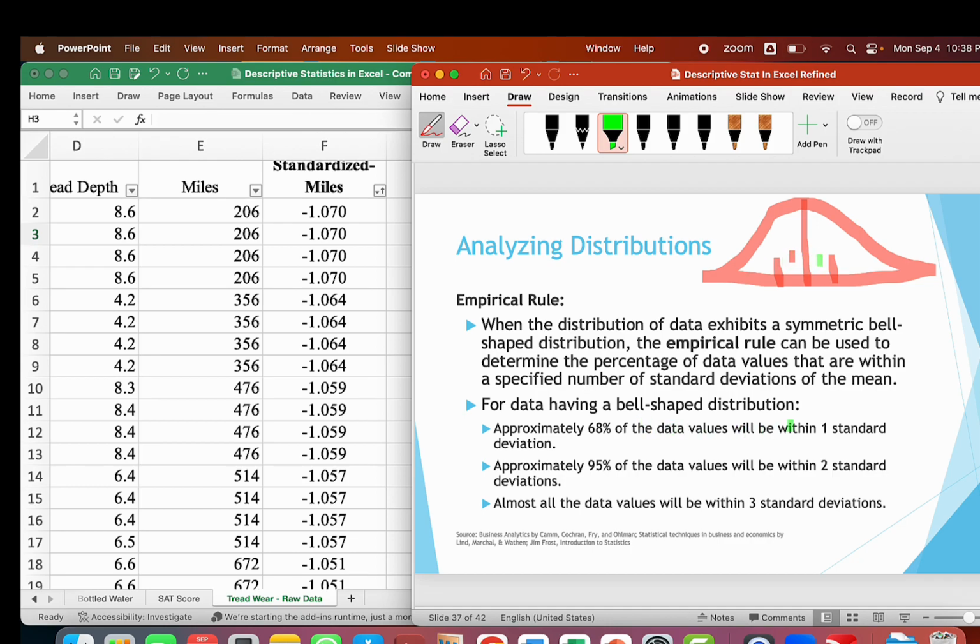Approximately 68% of data values fall within one standard deviation, which means plus 1 and minus 1. Similarly, if this is plus 2 standard deviations and this is negative 2 standard deviations, 95% of data will fall between this point and this point. And almost all data values fall within 3 standard deviations.